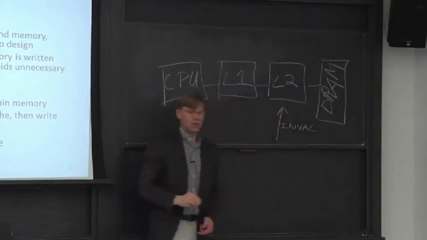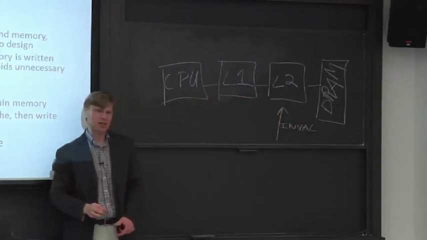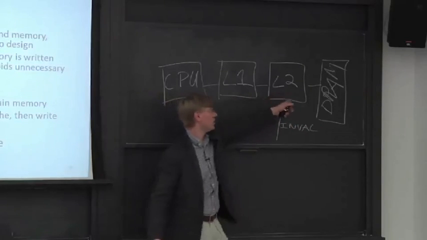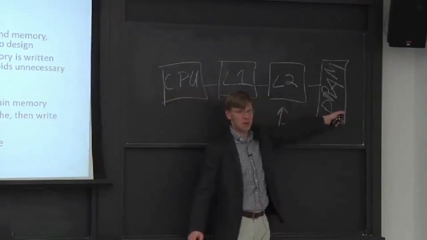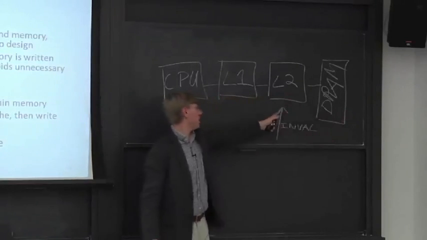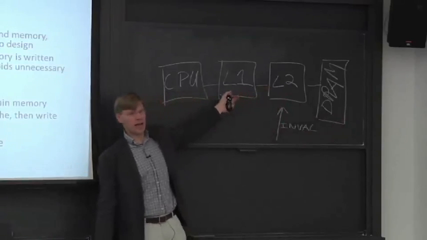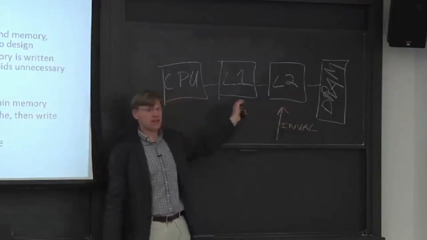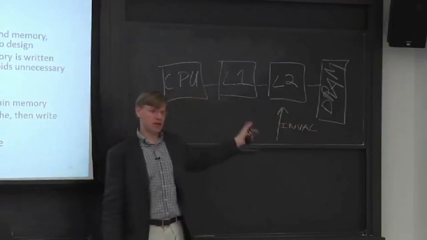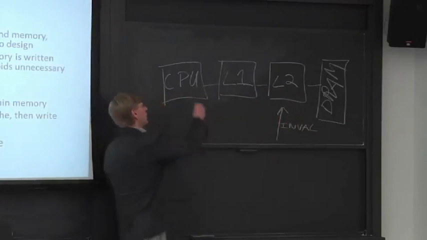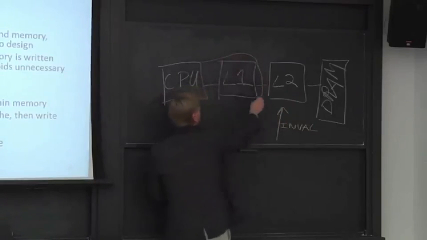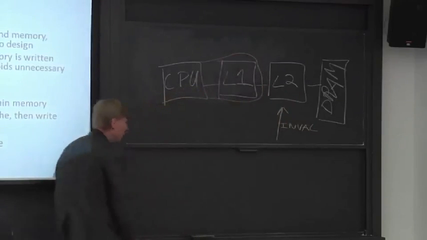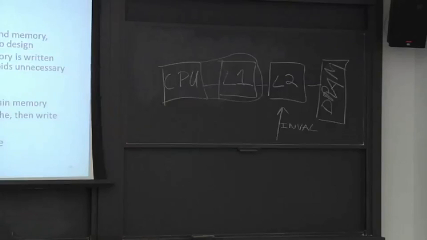So let's say another processor wants that same cache line, and the data is dirty here, but not in the DRAM. You would actually have to sort of reach down into the L1 cache if you have write back out of the L1 cache. And that gets pretty complicated. And especially it gets complicated if your L1 cache is very tightly integrated into your CPU because it's on your pipeline.